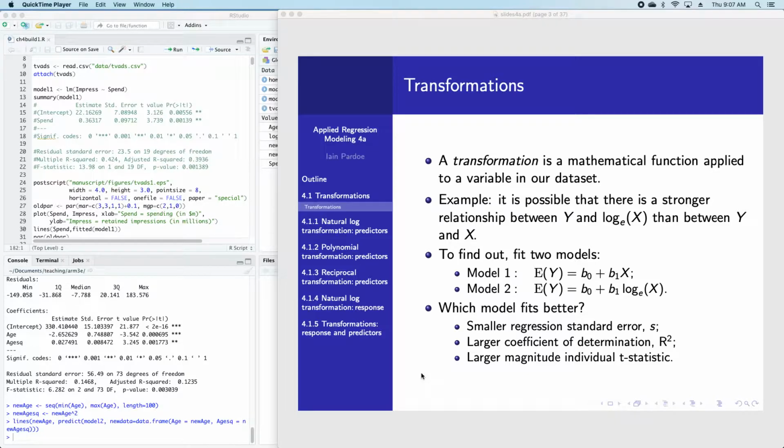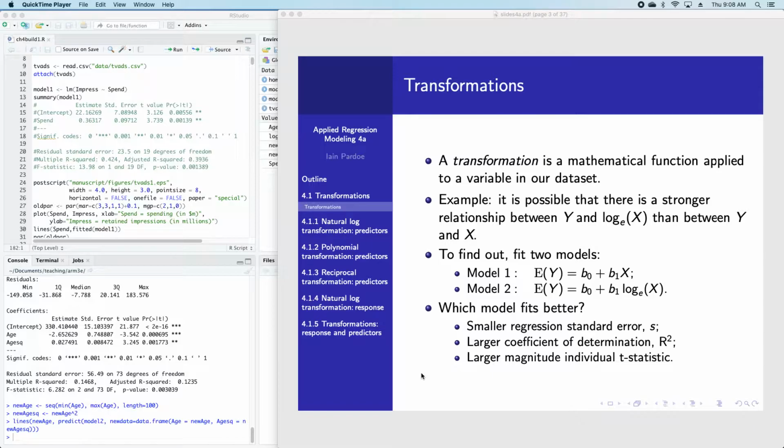So in the context of regression, a transformation is a mathematical function that we apply to a variable in our data set, whether it be one of the predictor variables or the response variable. To make this a little more concrete, I'm going to use an example where we are thinking that there may be a stronger linear relationship between y and the natural logarithm of x than there is between y and x itself.